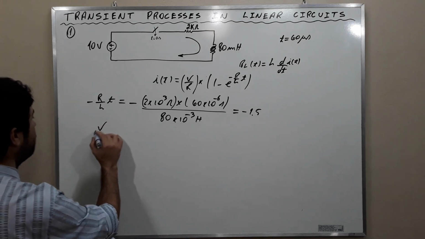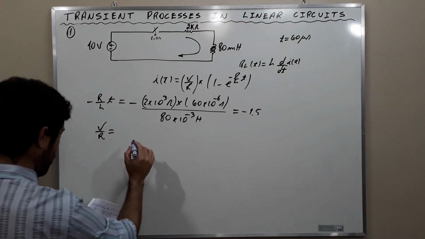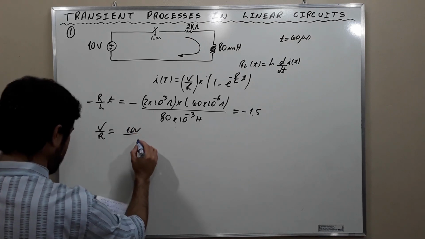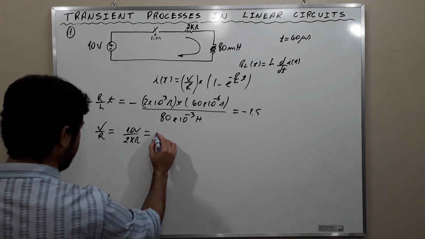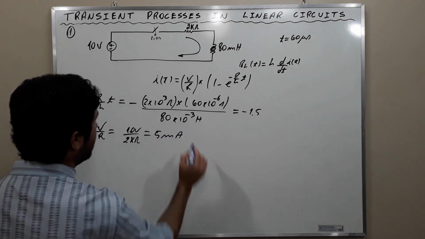V over R is equal to 10 volts over 2 kilo ohms, and this is 5 milliamperes.